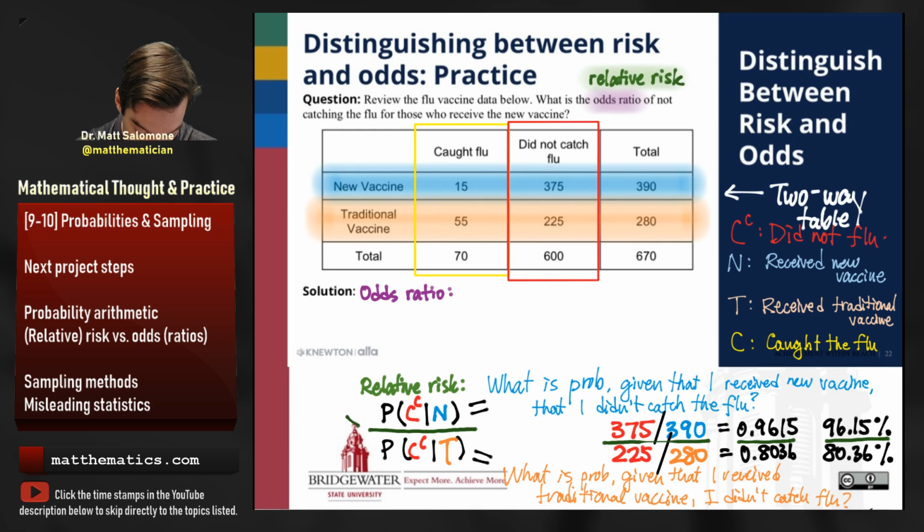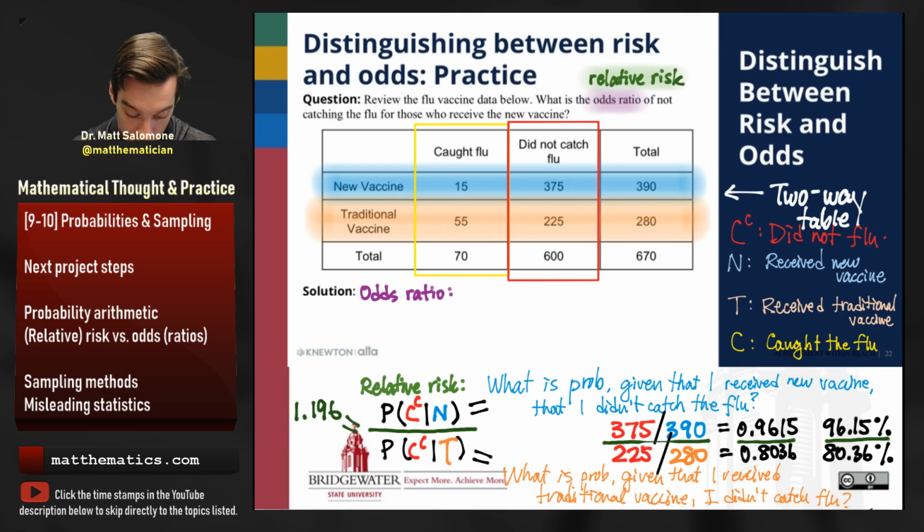And so the relative risk, I'm just going to pull out a calculator one more time, and I'm going to divide 0.9615 by 0.8036. And when I do that, I get 1.196. I'm just going to do it to 4 decimal places.